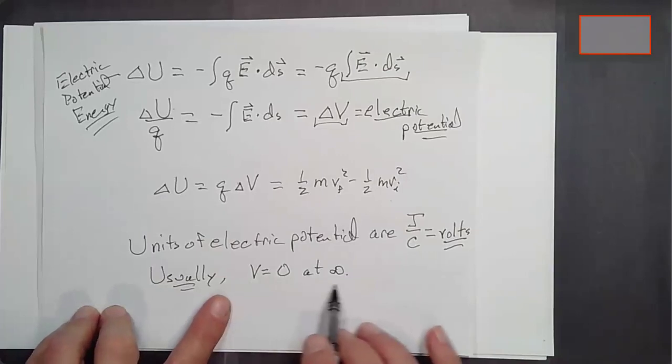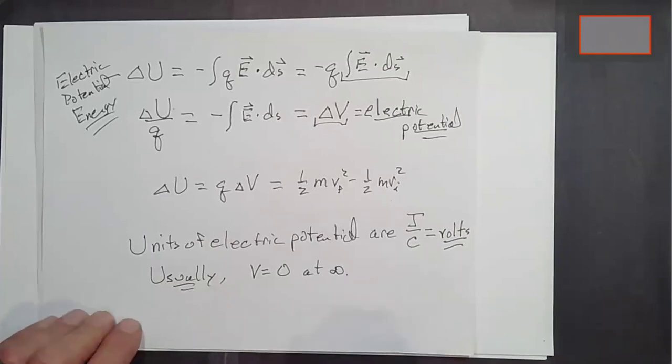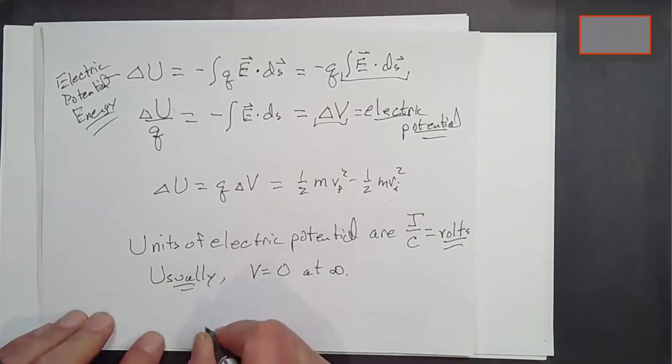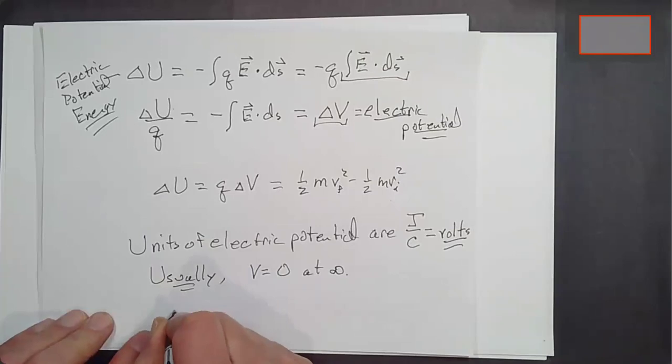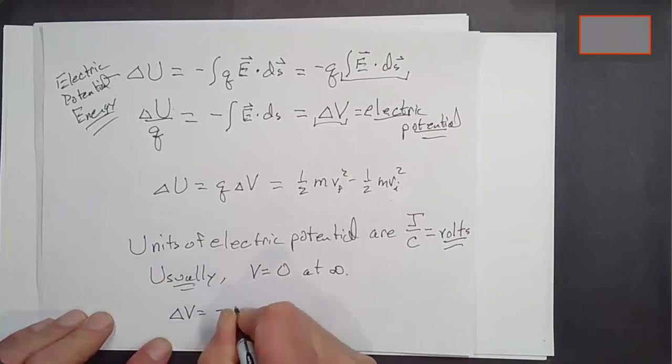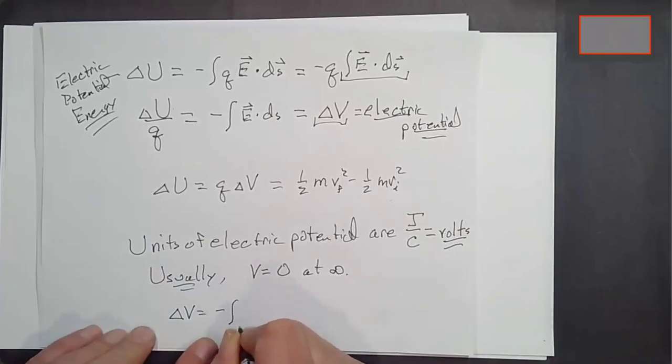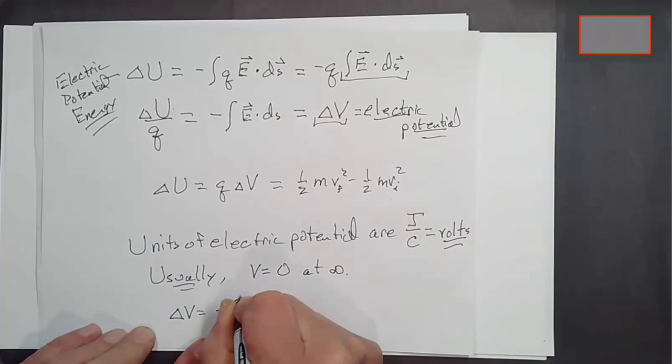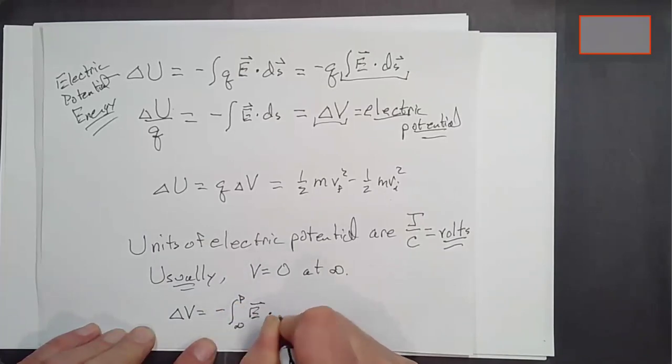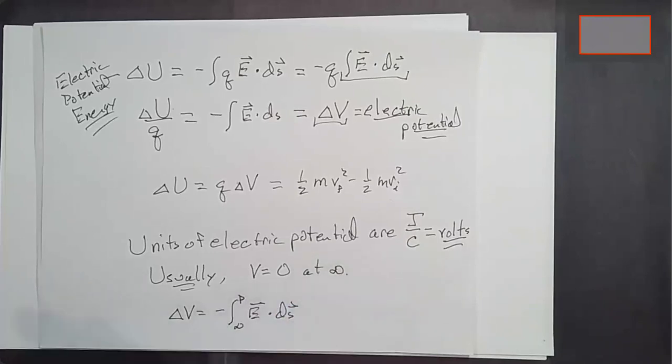But a lot of times it's convenient to set that equal to zero at infinity. And then the potential difference between infinity and a point would look like delta V is minus the integral from infinity to some point P of E dot ds.